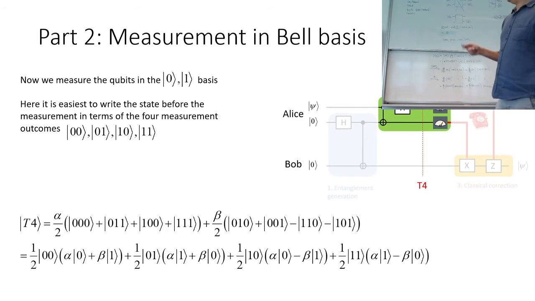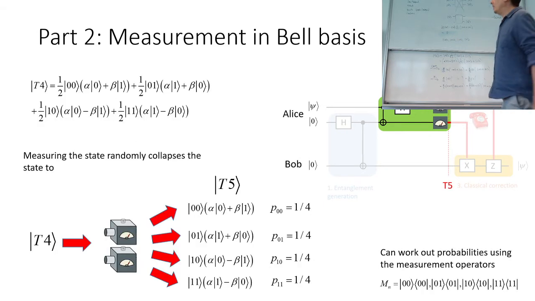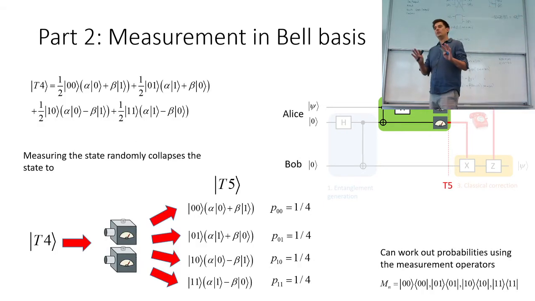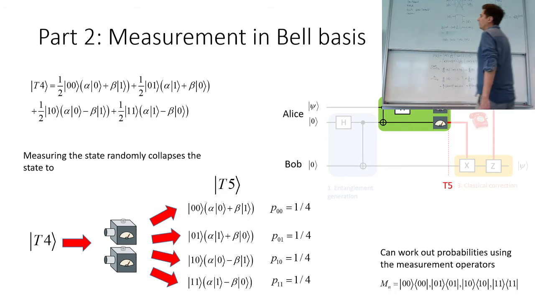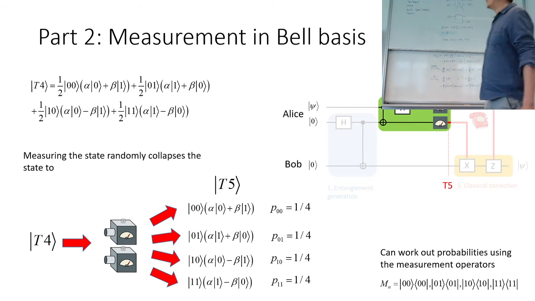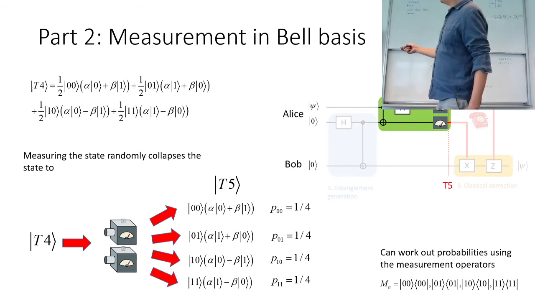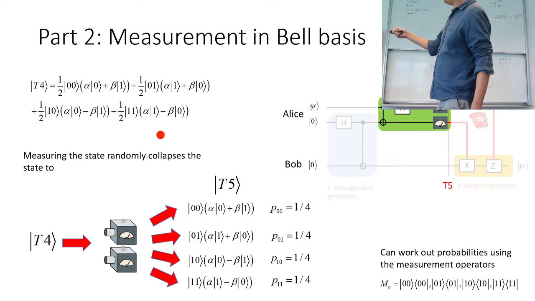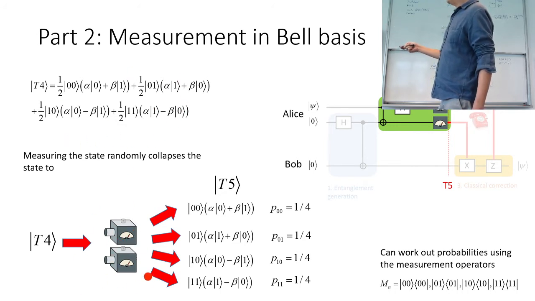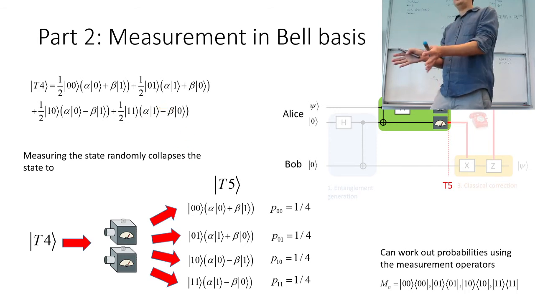But what happens when we actually perform the measurement is that each of those 4 terms comes out with the same probability. So this was the state that we were just talking about. Now, if you go and measure it, there are 4 terms, and they collapse, right?